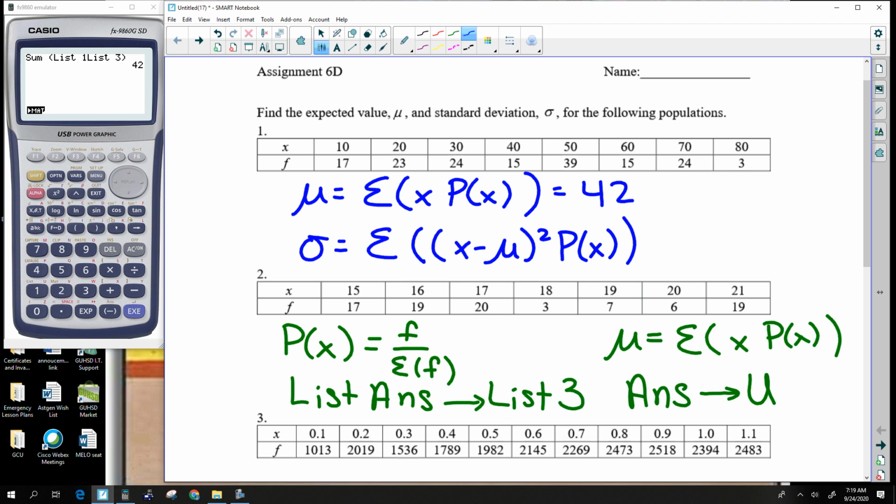All right, so we see that this is a straight up answer, so we take that answer and store it as the letter u, because we need to use it in the next formula, and I don't want to sacrifice accuracy for convenience. All right, so the next one, again, we just have to plug and chug. So we have the sum, open, x, which is list 1, minus mu, which is that alpha u that we just created, closed squared px, which is list 3, and closed.